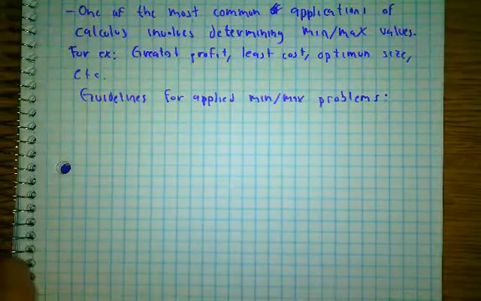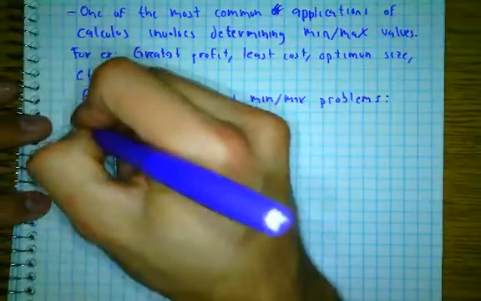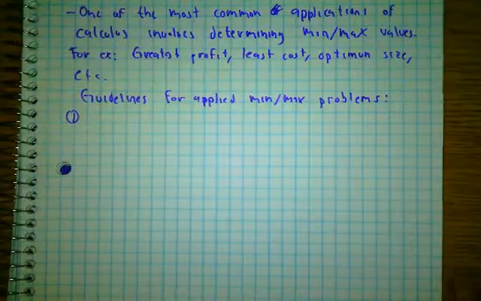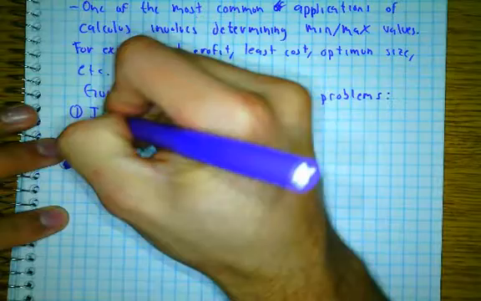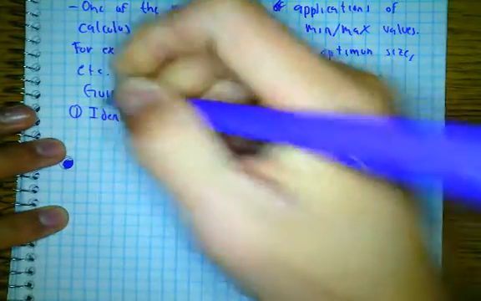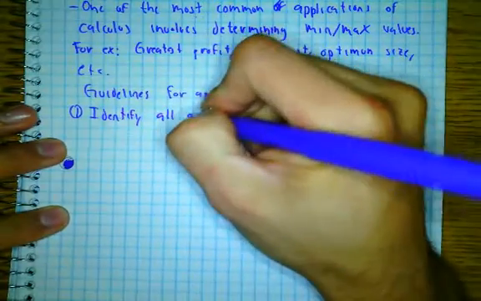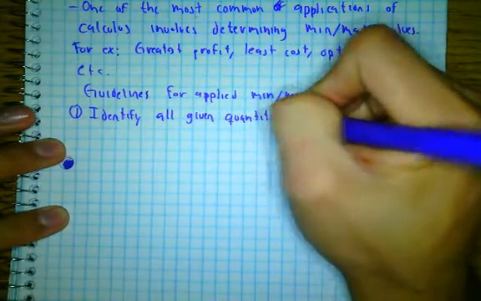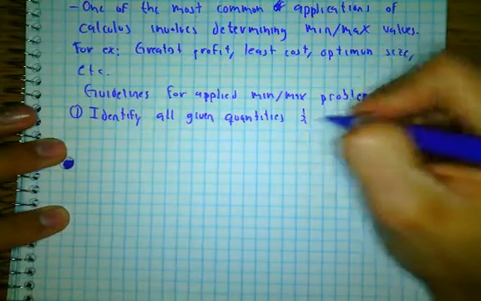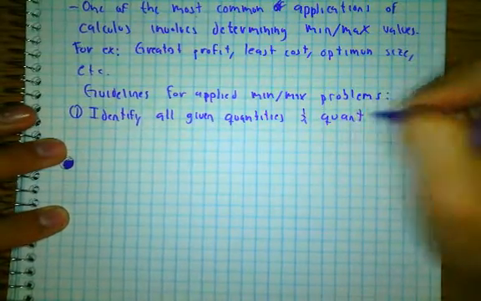Number one, and this might not make sense at first, it won't make sense until we actually do a problem, is to identify all given quantities and quantities that need to be identified or determined.